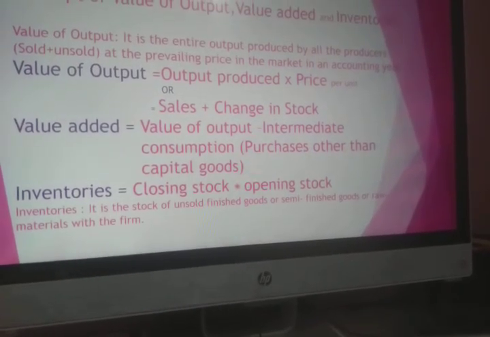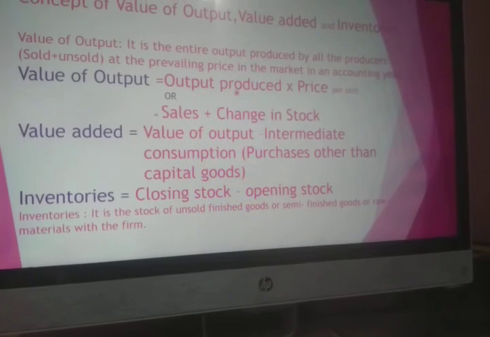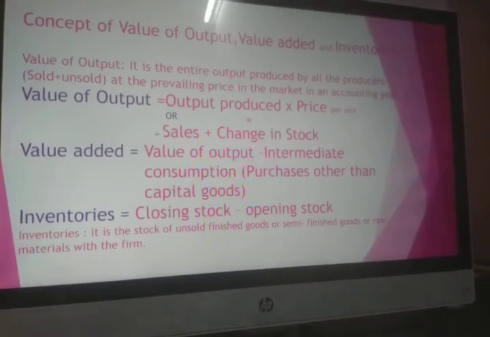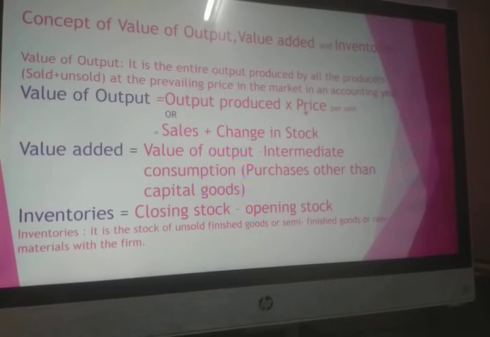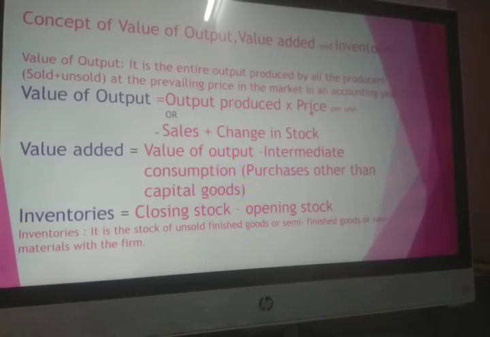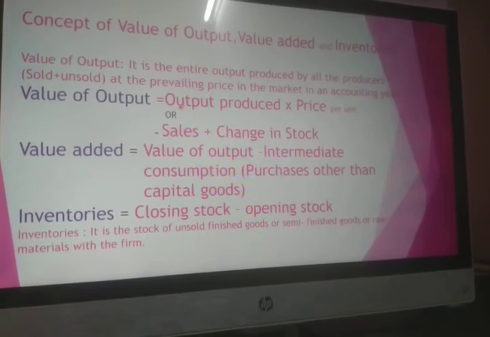The value of output, we can calculate it by the total output produced multiplied by price. So whatever prices are prevailing in the market, we multiply that by the total output, and we arrive at value of output.